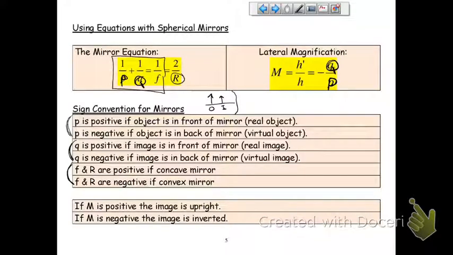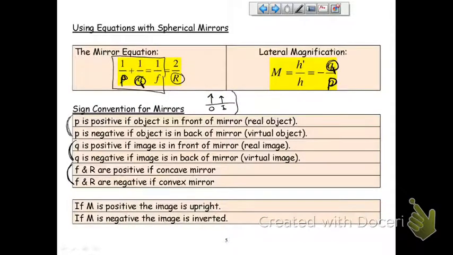If it's a convex mirror, they're negative. Assuming you're working from left to right. Yep. And then M: if M is positive, the image is upright. If M is negative, the image is inverted.